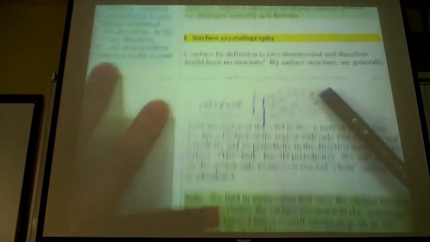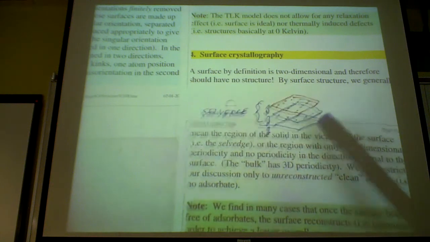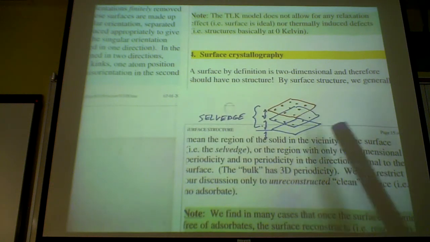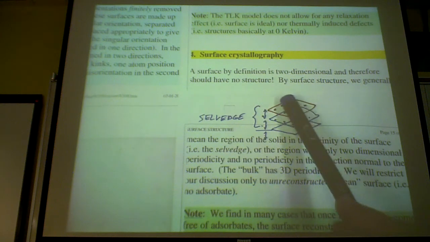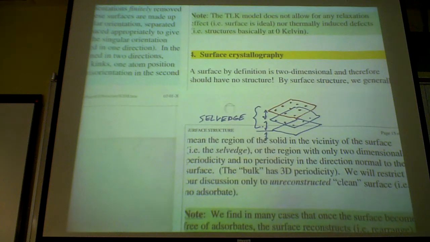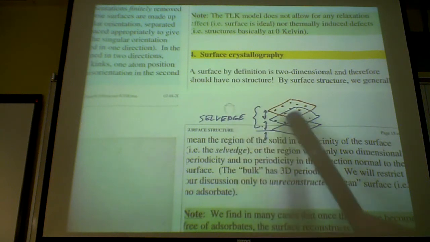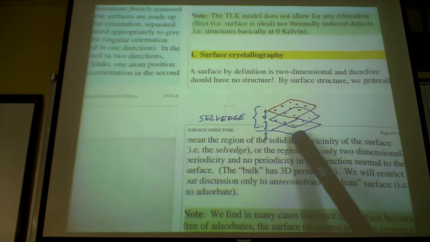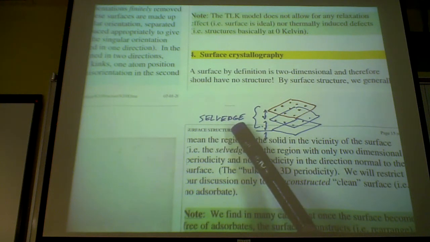Again, I present you with this selvedge idea. They actually have finite space. The word surface really just means this virtual object, a two-dimensional virtual plane. But in our mind, when we talk about surface, it actually has some volume, because the volume is created by two or three planes, perhaps, the so-called selvedge region.